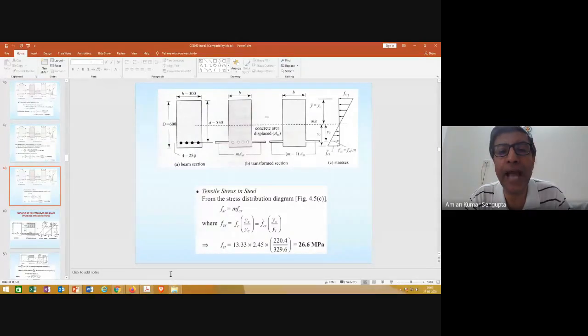When we study the crack width, we will revisit this exercise, because if it cracks, only then is there a meaning in finding out the crack width. Similarly, the stresses in the concrete and steel are also of importance under service condition. Okay.